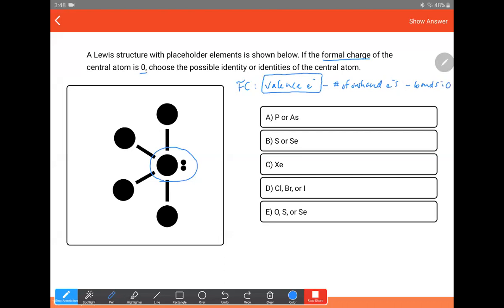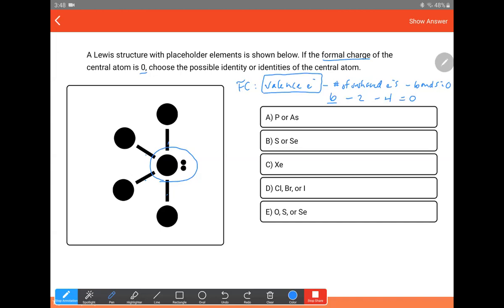And so what we see is we have number of unshared electrons. We have 2. And then we have 1, 2, 3, 4 bonds. So what number minus 2 minus 4 equals 0? And so we get a 6.